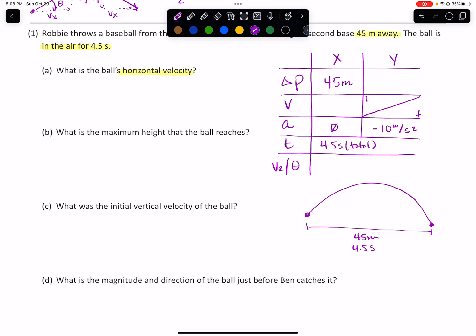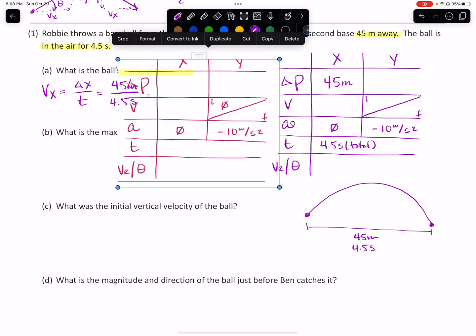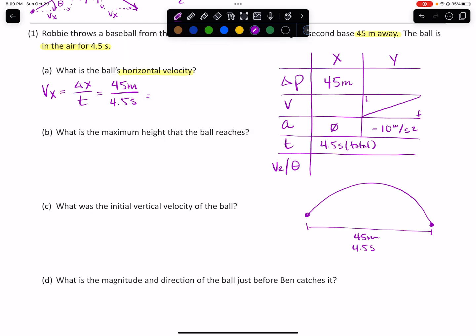We know its change in position and its time, so horizontal velocity equals change in position divided by time. 45 meters divided by 4.5 seconds gives a horizontal velocity of 10 meters per second.